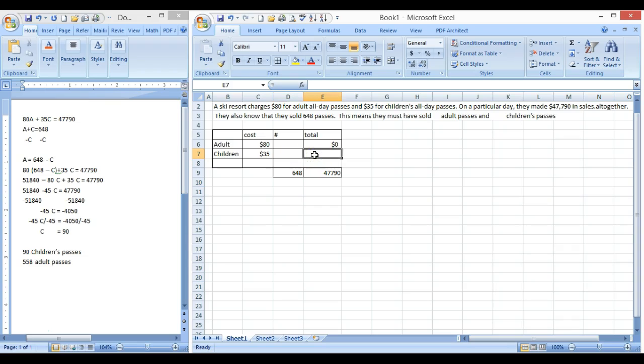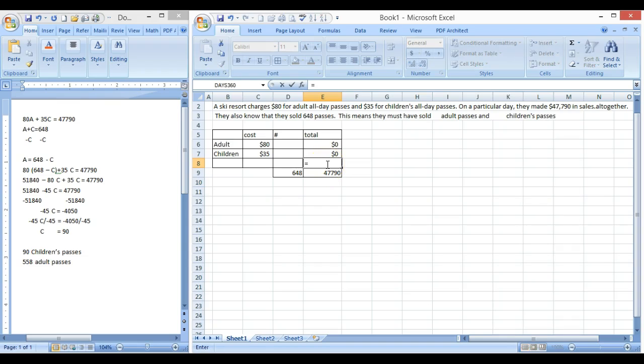And again, I'm going to do the same thing here. Equals the cost times the number. Again, it's going to be 0 because I don't have a number in there. And then I'm going to set this up. I know that to find the total, it should be 47,790. That's why I moved these down here, just so that I remember that's what it should be.